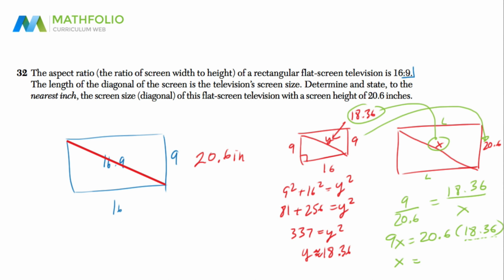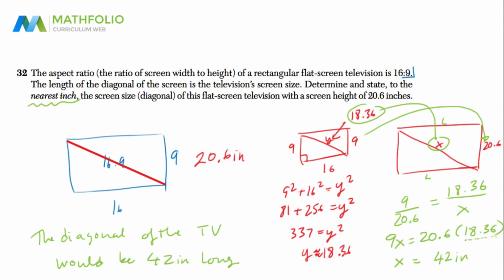So it says to the nearest inch, so therefore X would have to equal 42 inches, and I probably would make a statement: the diagonal of the TV would be 42 inches long. And so that's question 32.